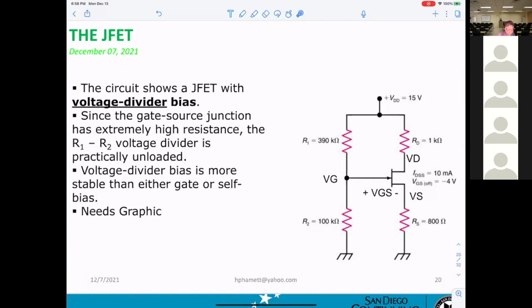Hey, Mr. Pam, real quick question. So VGS is equal to VG minus VS, is that correct? That's the basic definition. Yeah, okay. VAB means VA minus VB.